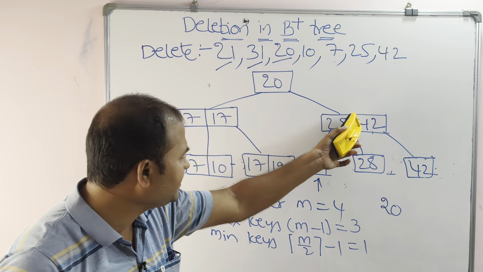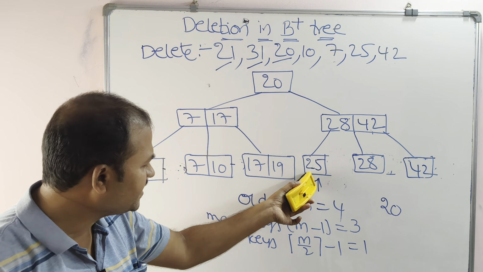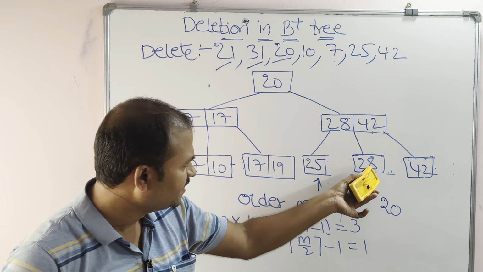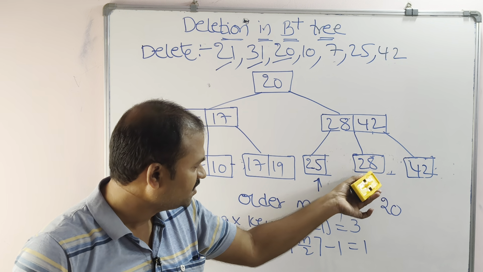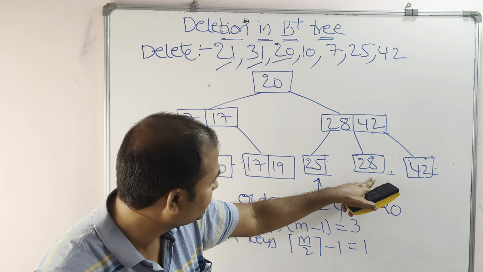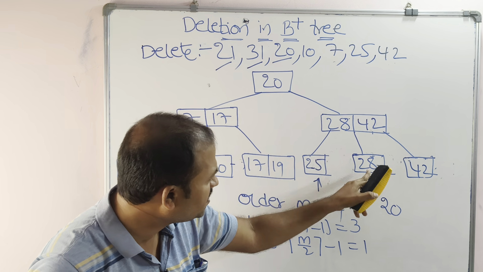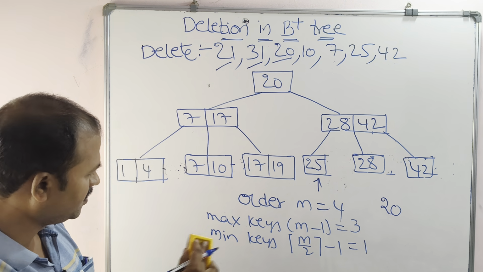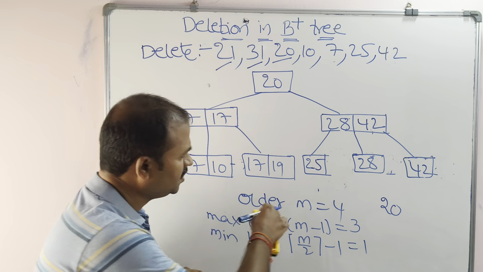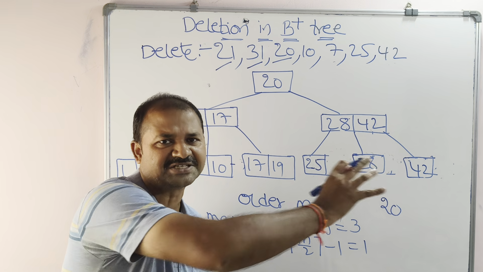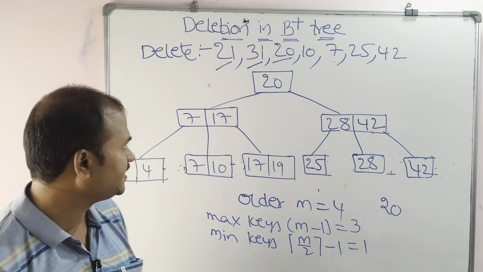Now 28 is the parent node, and 25 is less than 28. The right one is 28, and the right child may be greater than or equal to this parent. There is no problem. According to the constraints, we need to do the replacement.